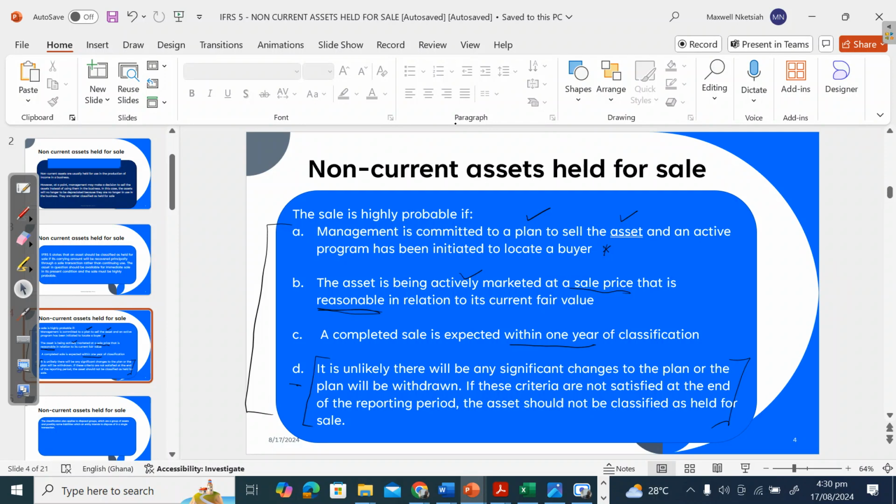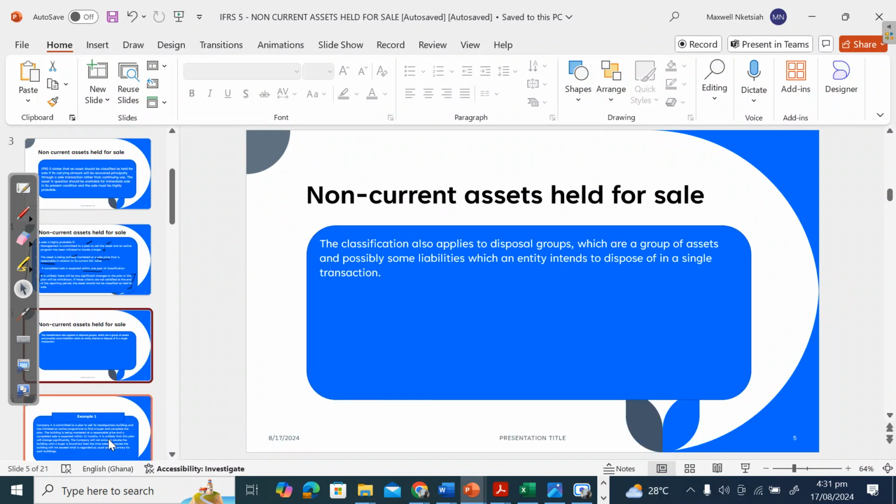In that case, it doesn't give a true reflection of the status of that asset. So these guidelines are there to at least ensure proper financial reporting. All right. Let's continue.